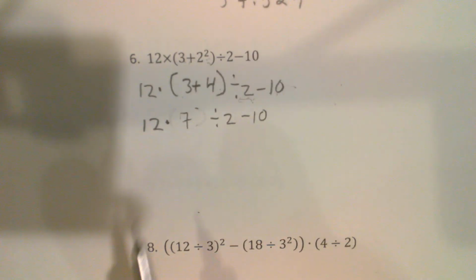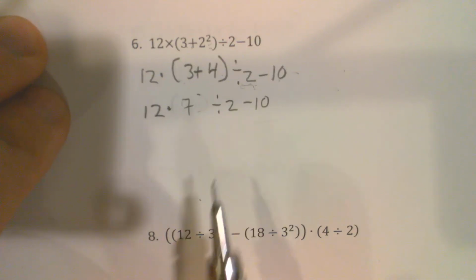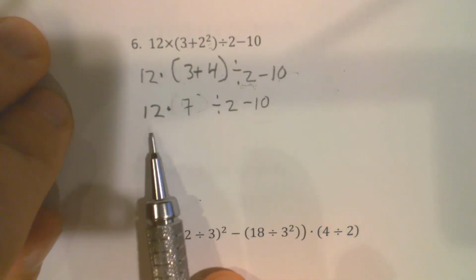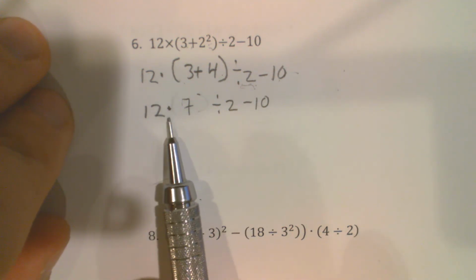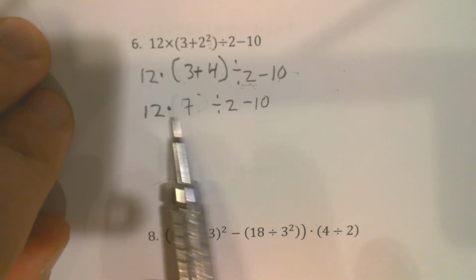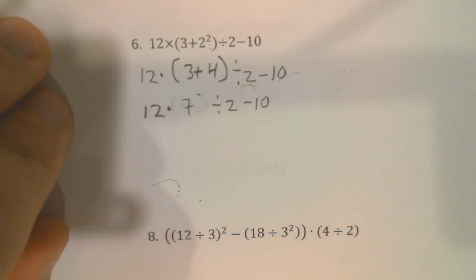No more parentheses, no exponents. So now we can multiply and divide from left to right. Since this multiplication comes first from left to right, we do it before the division. So we have 12 times 7. That will give us 84.